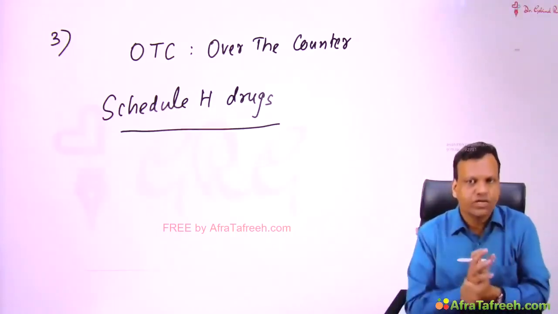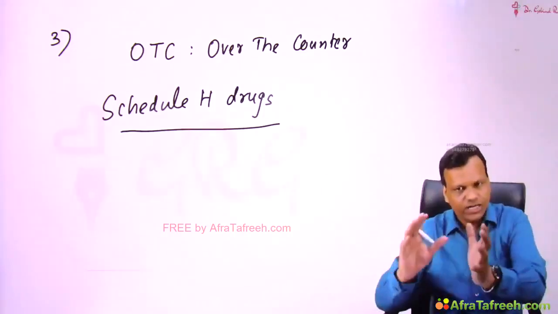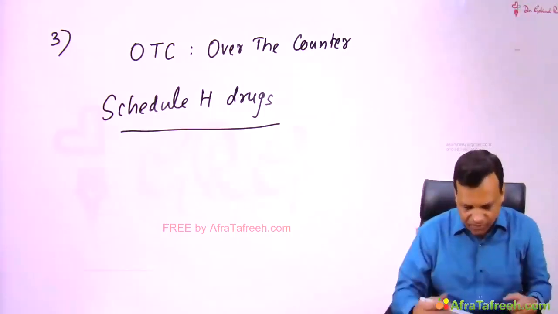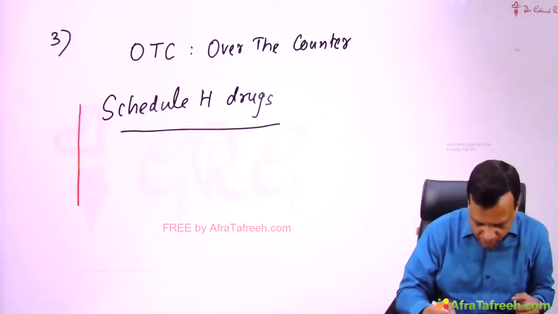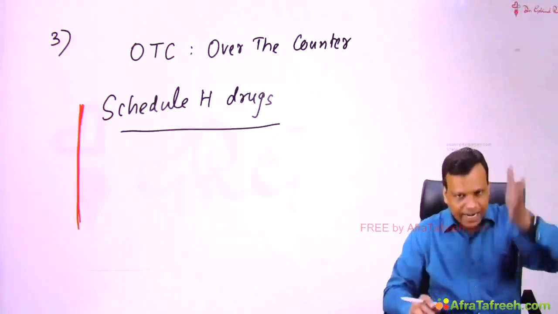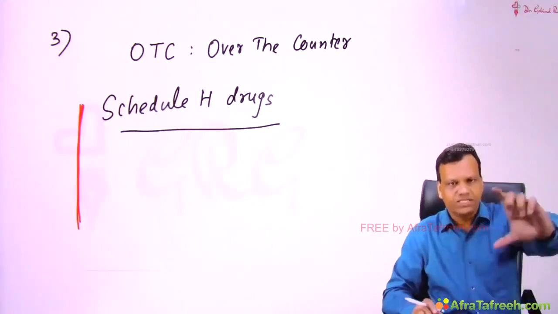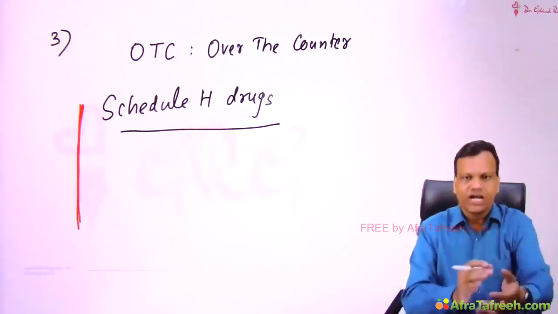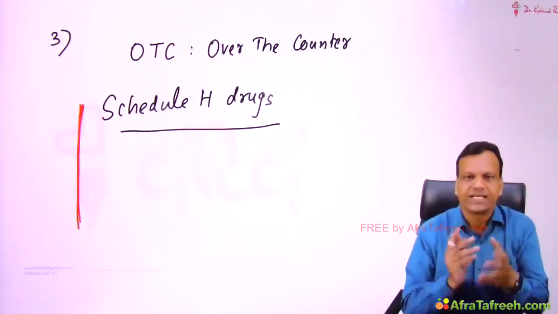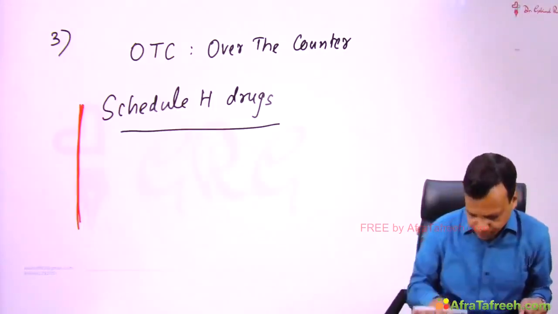So what the pharmaceutical companies do is, apart from writing the Schedule H warning that it should be given only on production of prescription, on the drug strip a red line is drawn for Schedule H drugs. So the pharmacist can simply see that a red line is present, and they will ask for prescription. So Schedule H or this red line tells that we require a prescription to get that drug. Clear?